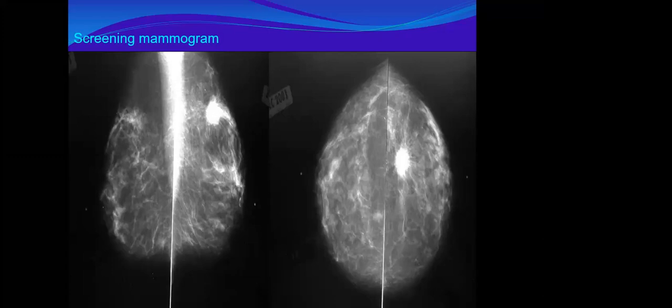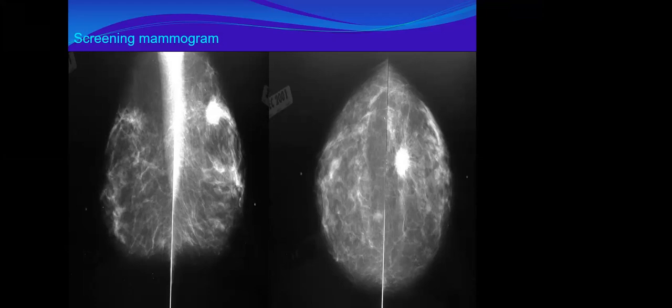We want to know: is it single or multiple lesions, or associated with invasion of the chest wall, skin, nipple, axilla, contralateral breast? All these are important from imaging. In the MLO, it appears there is some ductal extension toward the nipple.